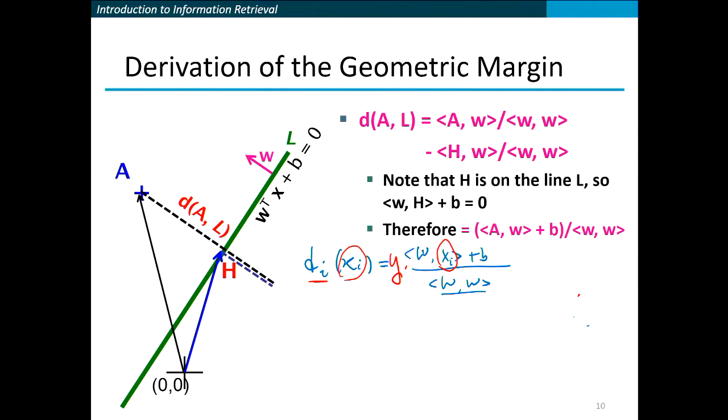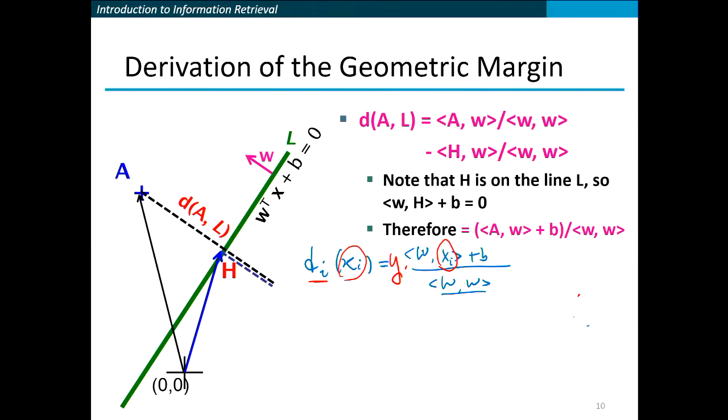The numerator will also increase, depending on the relationship between w and b, but the denominator will increase at a faster rate. So if you just want to maximize the minimum distance, it's hard to do because w is a free variable. So we need to put some kind of constraint.